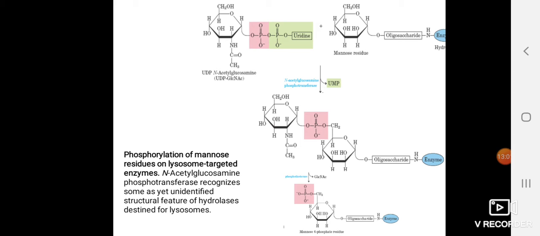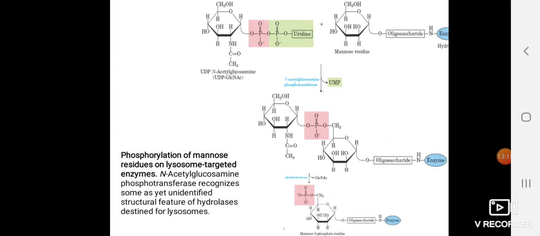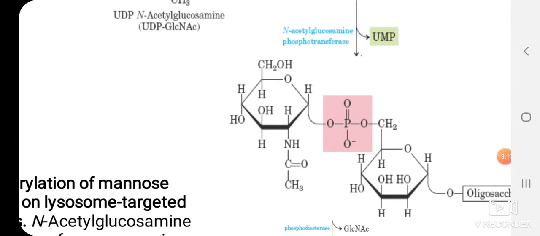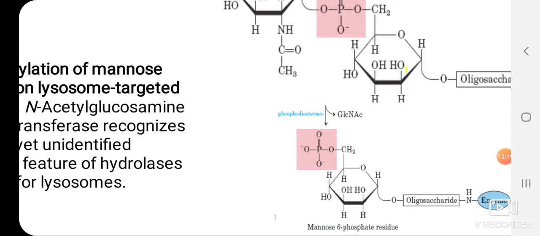Now after adding this N-acetyl glucosamine phosphate to the mannose at the sixth position, this phosphotransferase enzyme is going to show its phosphodiesterase activity and removes the N-acetyl glucosamine. You can see here it removes N-acetyl glucosamine.